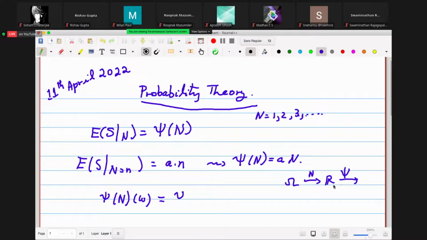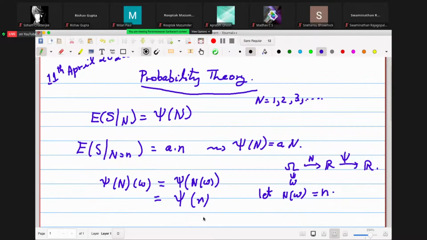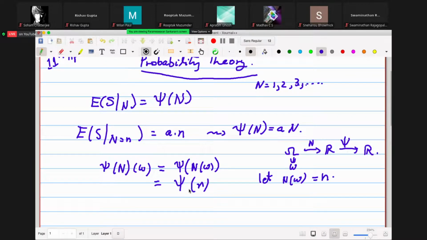So psi of N is just a composition; I should take an omega from here and then compute it. By definition this is N of omega, and N of omega is some number. So let N of omega be equal to n, then this is psi of n. So it is not psi n of n, but psi of n.